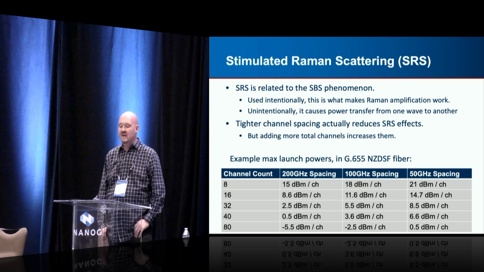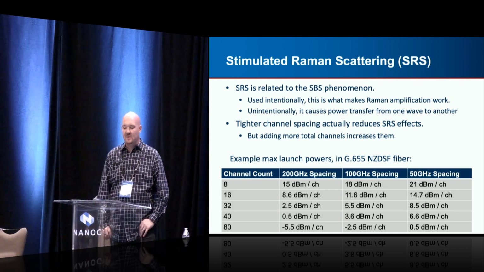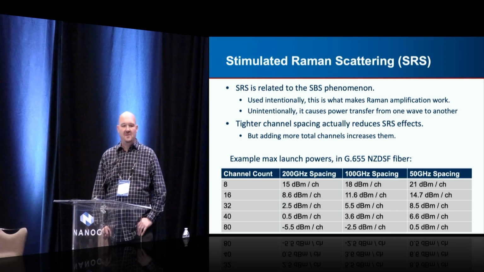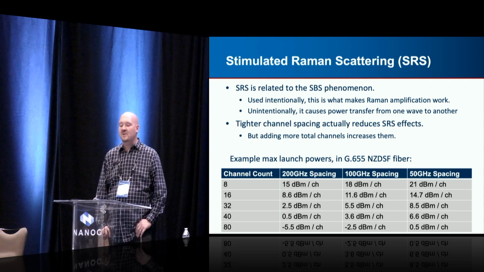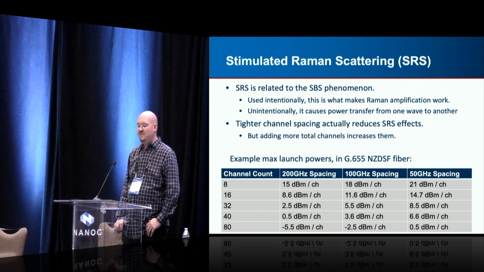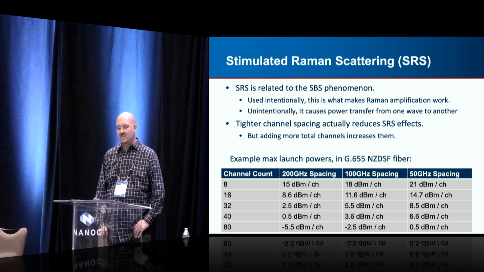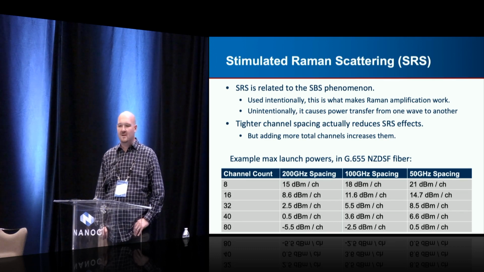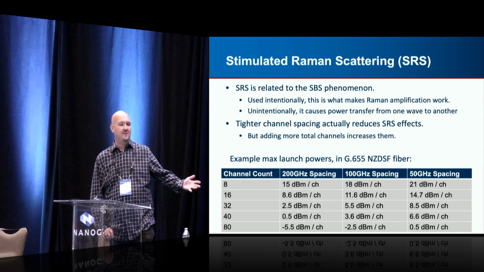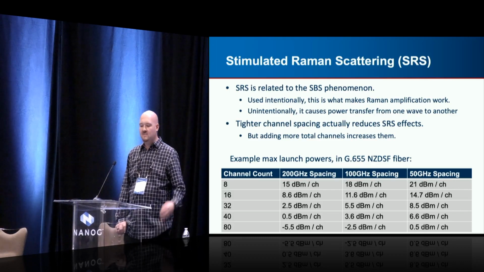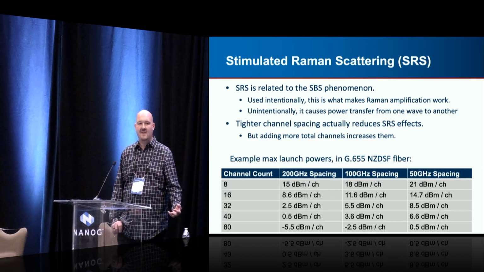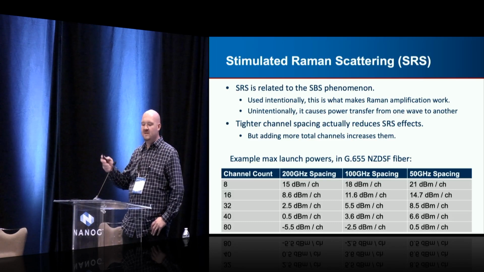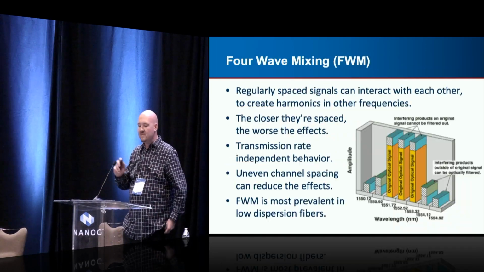If you have an 8-channel system with 50 gigahertz spacing, you can go to extreme powers, or you can go to plus 21 per channel and still be fine. But if you run an 80-channel system, you can only launch at plus 0. So if you were to try to come along and launch at plus 3 or plus 4 or plus 5, you'd be seeing significant nonlinear impact from this really strong signal because of the spacing of the channels.